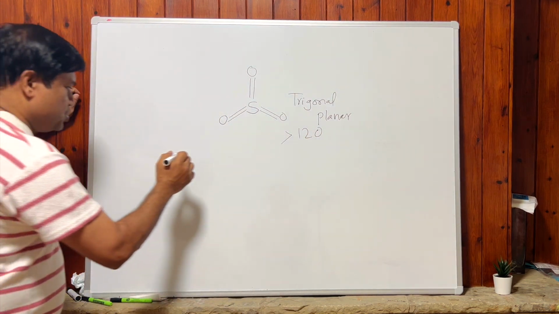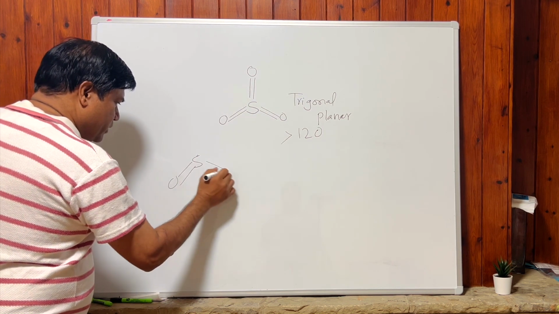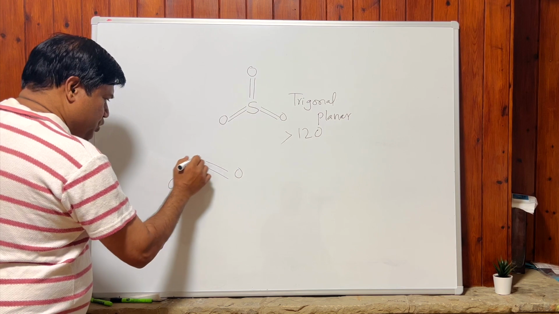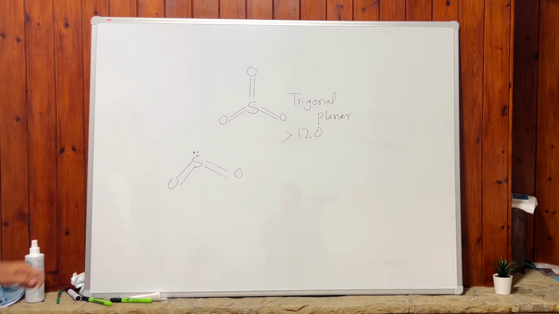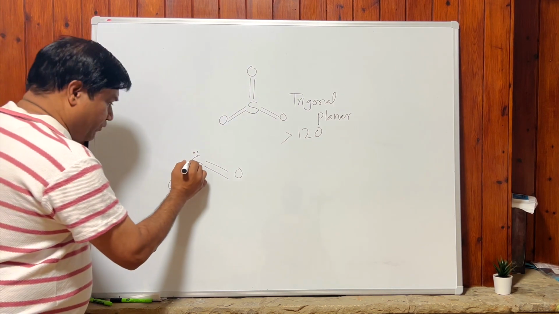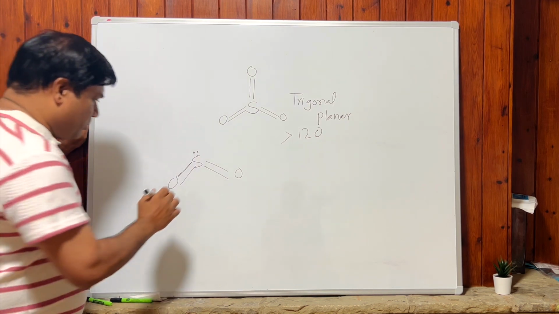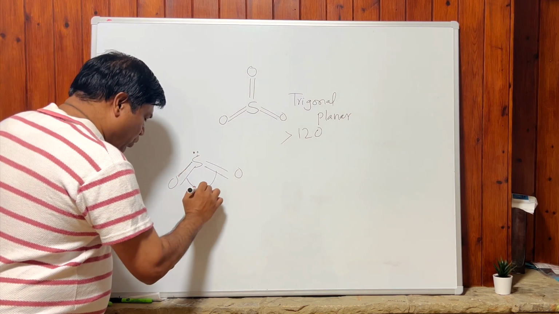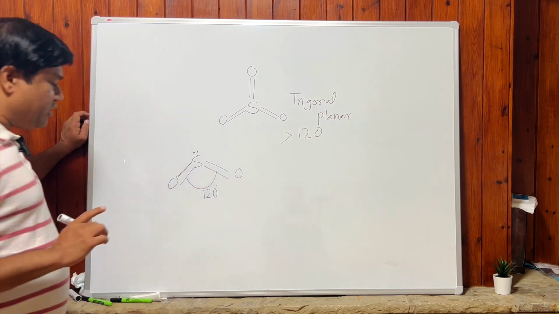Now SO2, sulfur dioxide, 2 double bonds. Sulfur has 1, 2, 3, 4, 5, 6, a lone pair. In that case, between the pi bond and the lone pair there will be no repulsion. So the bond angle is 120 degree, but the shape is not trigonal planar.